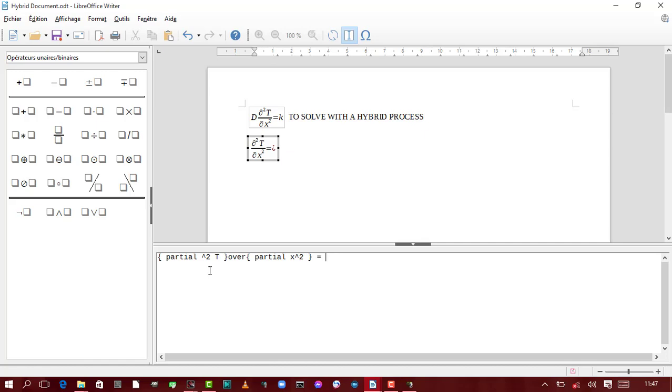in a real case they are not equal though, so don't take both of them as their equal value. No, one is an approximation of the other. So what we're going to type here is the approximation of the first member of this equation.